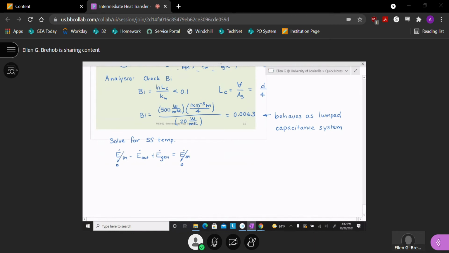In our problem, they told us that we've got a current and we know the resistance. So we've got heat generation going on inside this wire, and that's being convected away from the wire in that oil bath to keep us at a steady state situation, at least in this first part.